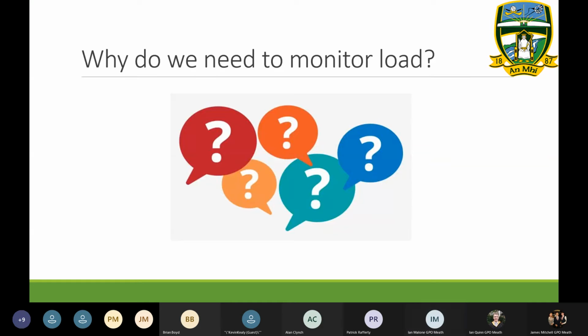Development. Avoid player burnout. That's very important, we'll touch on that as well. Very good. Avoid injury, muscle fatigue, and tightness. In case players are doing too much, yeah.